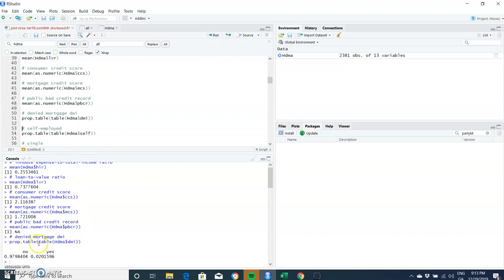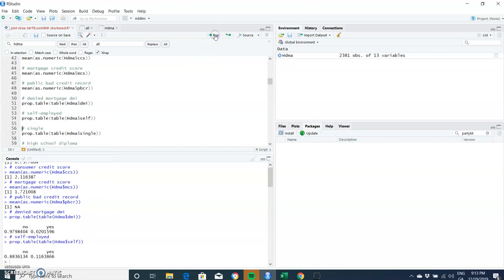And the mortgage credit score mean, we can run these numbers and observe. Again, it's a no or yes. The number of no's, proportion of denied mortgage. Most people actually weren't denied their mortgage. The mortgage insurance, so denied mortgage insurance, the vast majority of people obtained mortgage insurance.